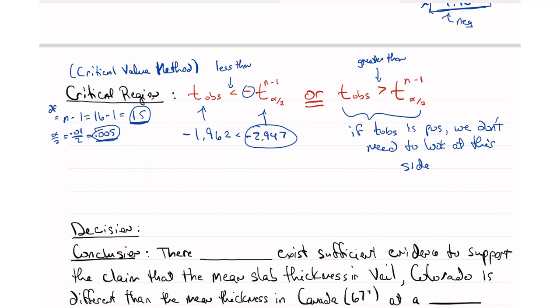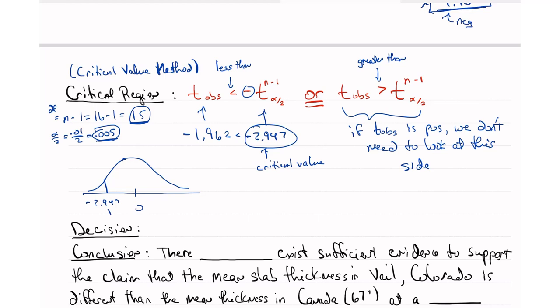What we're going to do is we're going to try to draw this a little bigger. This is our critical value. So negative 2.947.